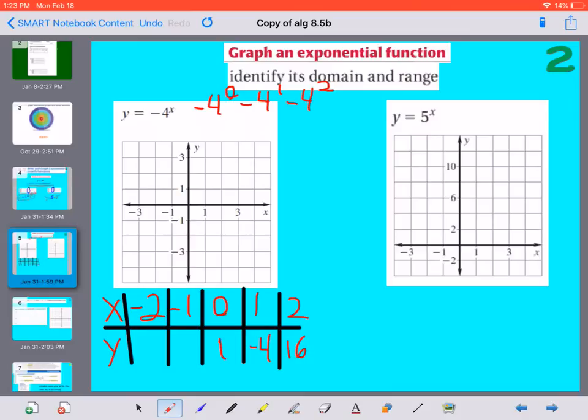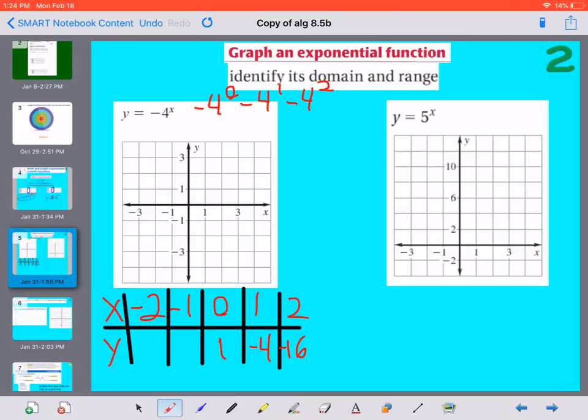Give me 1 second. Oh, -4 squared, that's going to give us a -16.